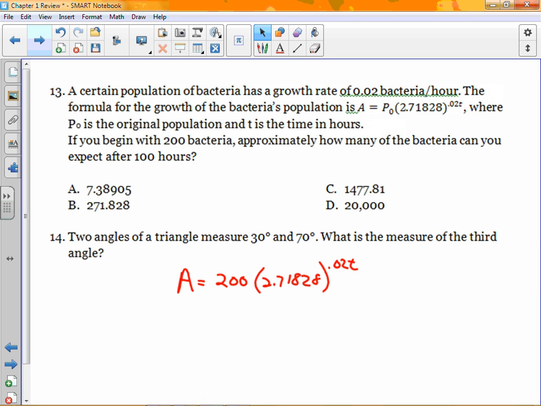Right, 200 times 2.71828 squared. So this comes first, times 200. 2.7 times 2.7 times 27 has got to be 6. I think it's more than likely going to be that answer. Somebody take their calculator and get it.